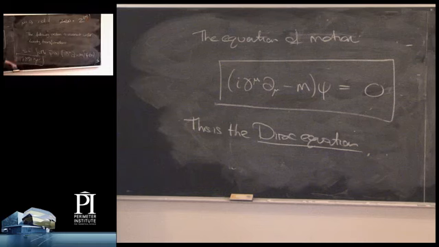So if you want to solve this equation here, you have to find the irreducible representation, which has dimension 2 to the d over 2. So for us, that's 2 to the 2, which is 4.